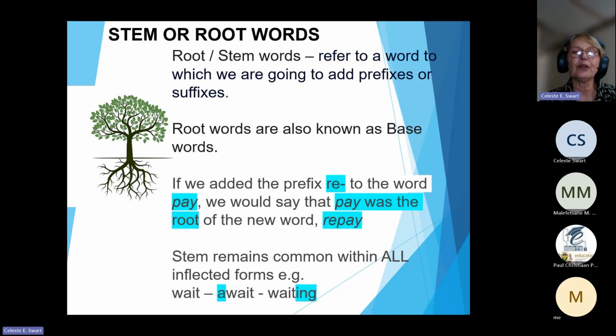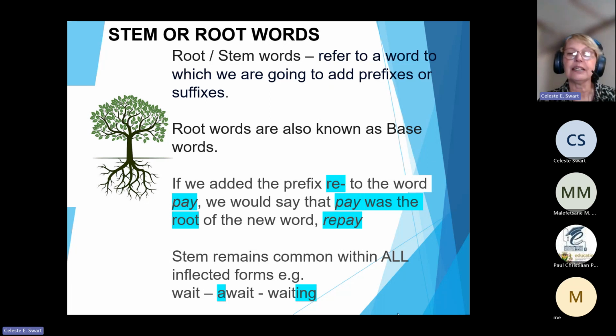They're also known as root words or base words, and you'll see the tree there showing the root is the strongest part of the tree. Without the root, it cannot stand. So that is why it's so important.